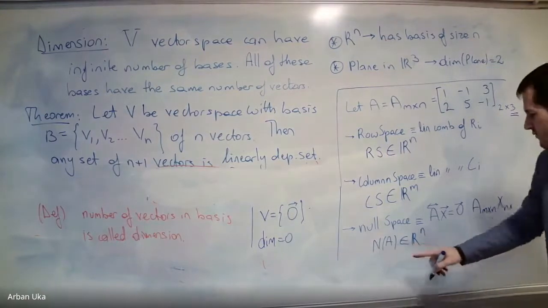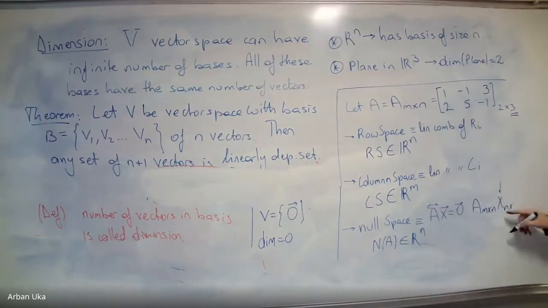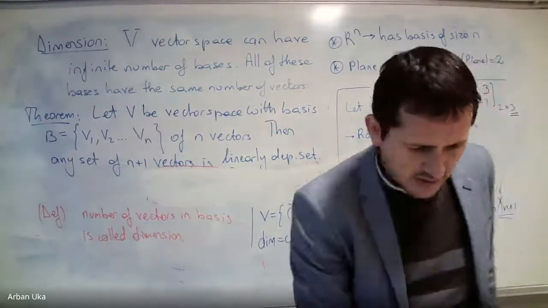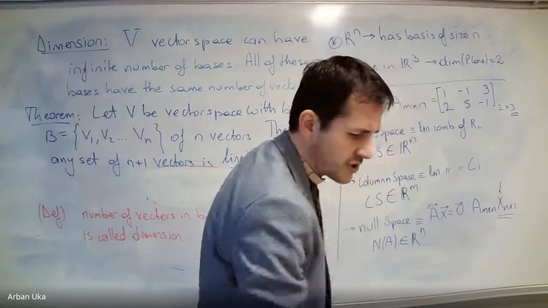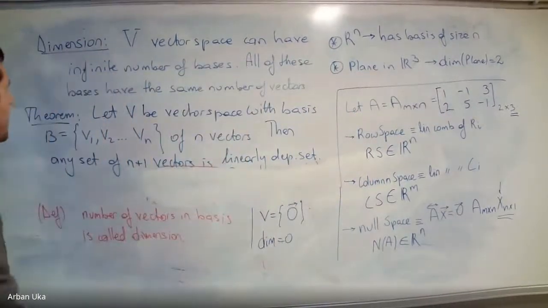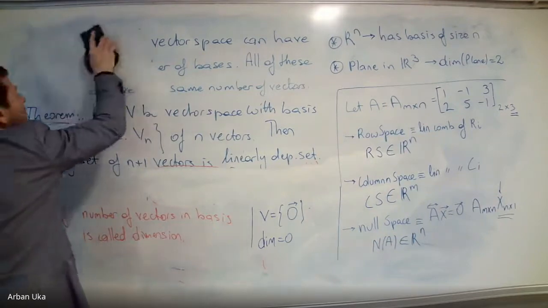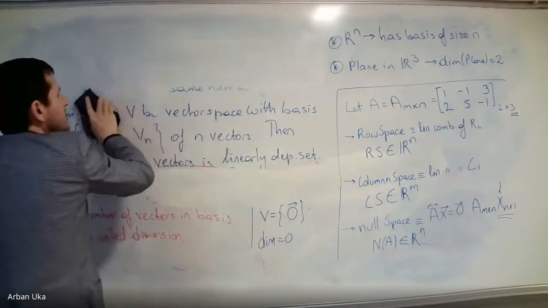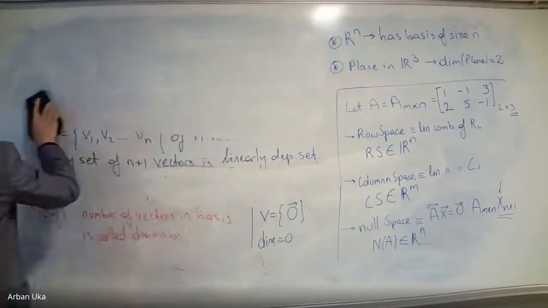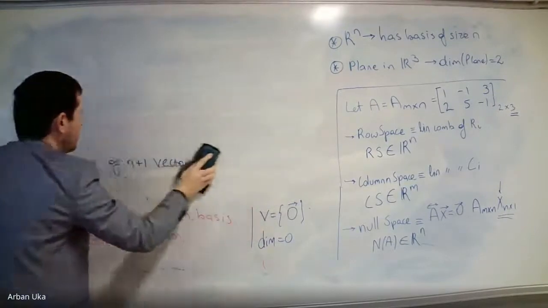Because the null space of A is the set of these vectors, and these vectors are n by 1. So all of these three spaces are associated to any matrix, to any combination of numbers: the row space, column space, and the null space.